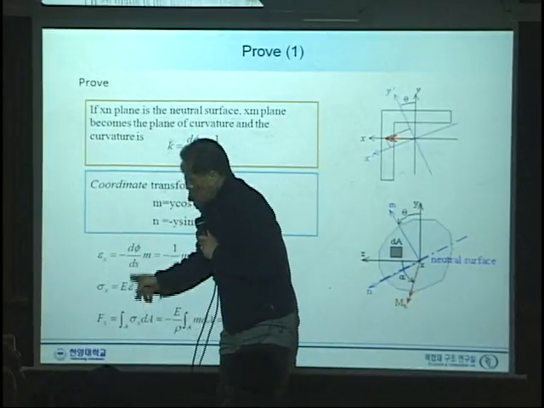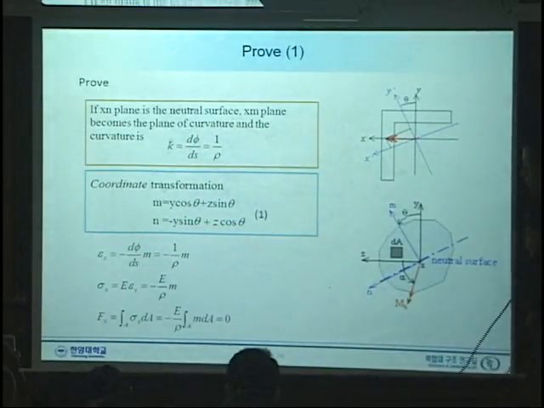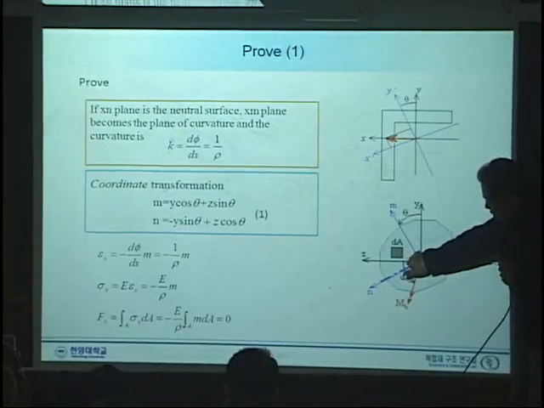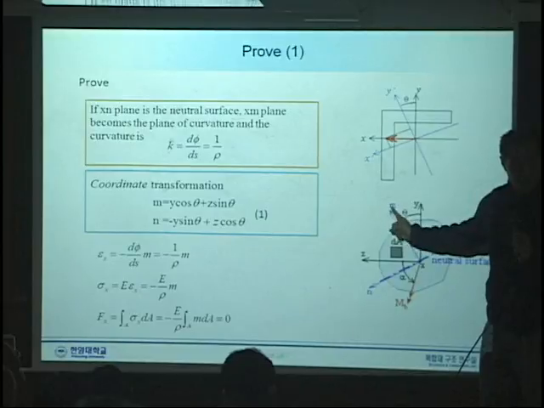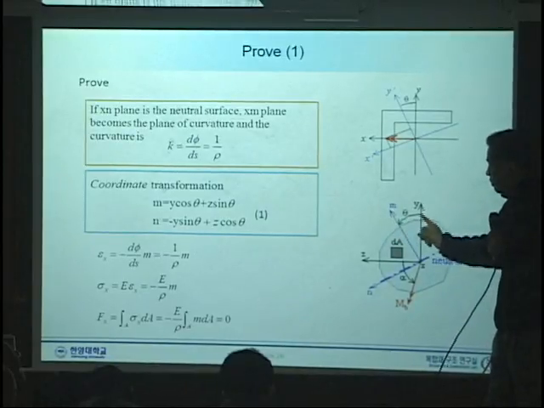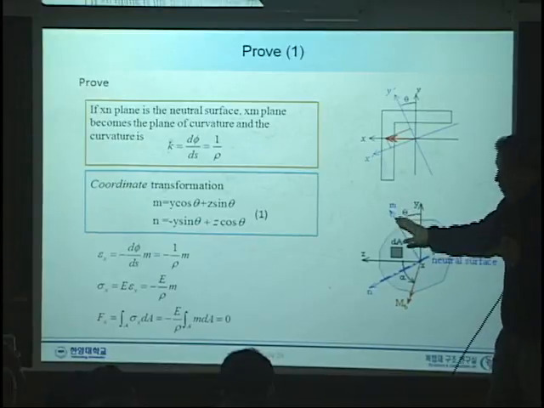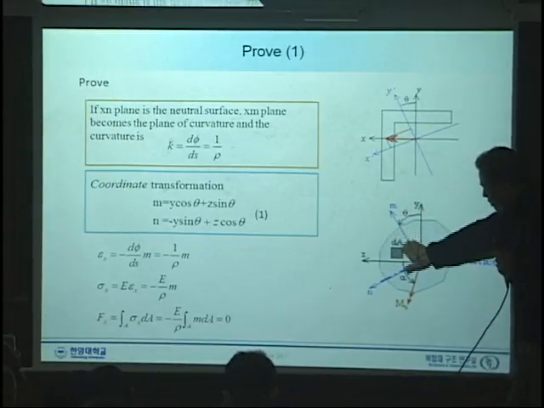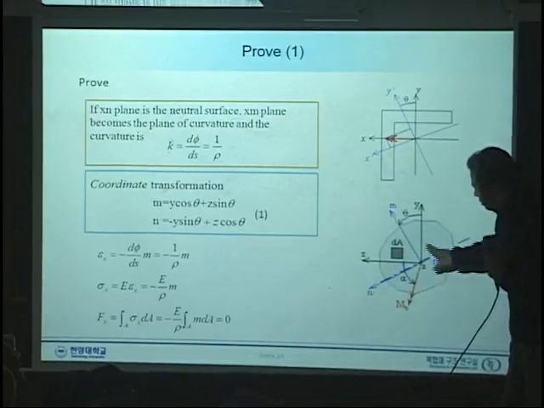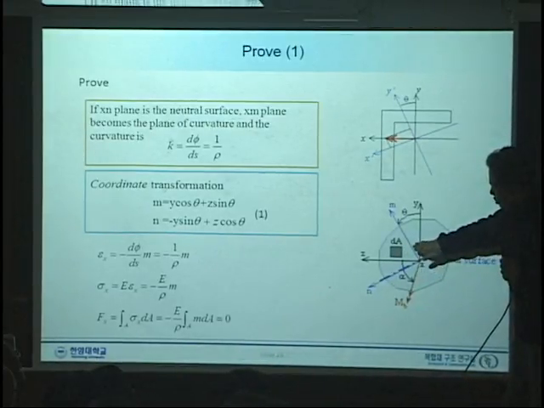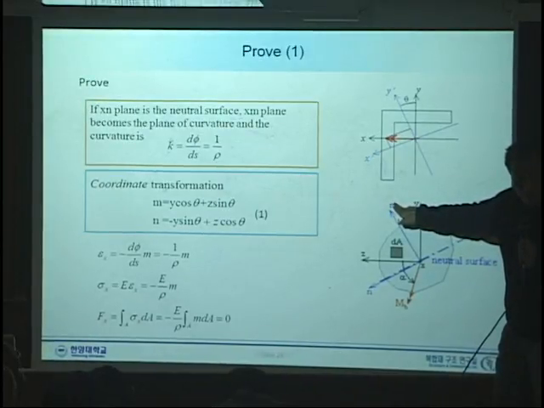Because strain is always defined by, when we rotate this way, this vertical axis is the m. Previously, vertical axis was the y, right? But now deformation is like that, and so this cross section rotates this way, so it is always proportional to the m axis.